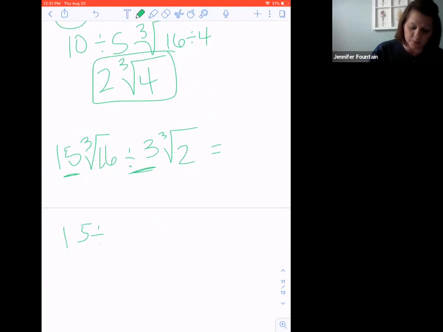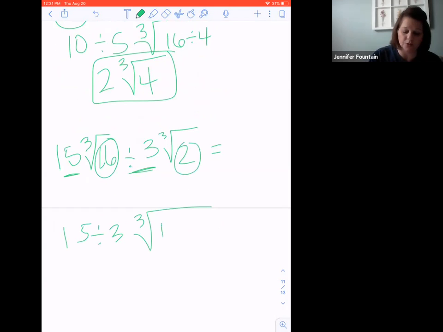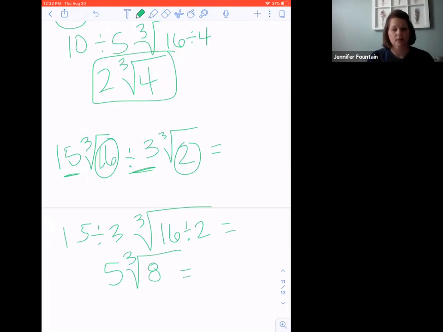Those are both whole numbers, so I can do that. Then I'm going to put 16 divided by 2 under the cubed root. So 15 divided by 3 is 5, times the cubed root of 16 divided by 2, which is 8.